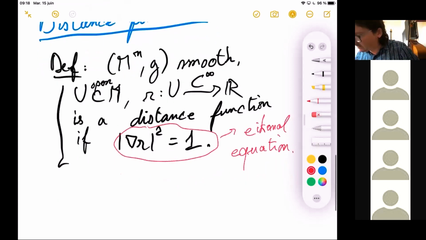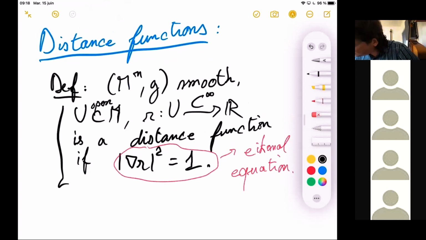So, a lemma: understanding this kind of equation is in some sense understanding geodesics.